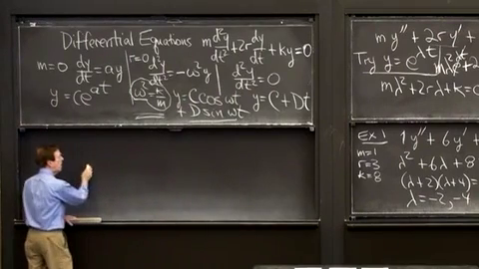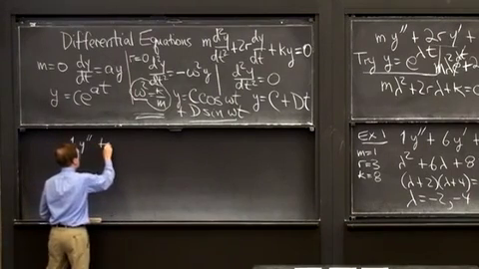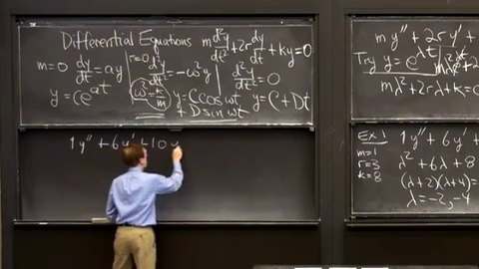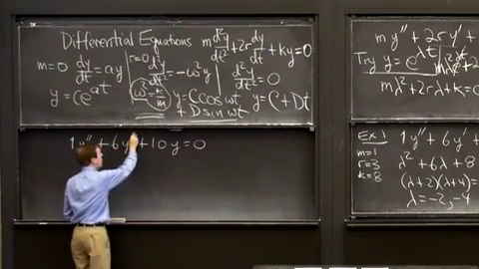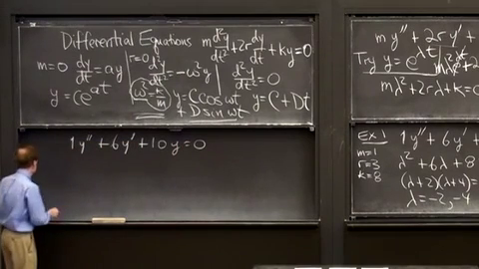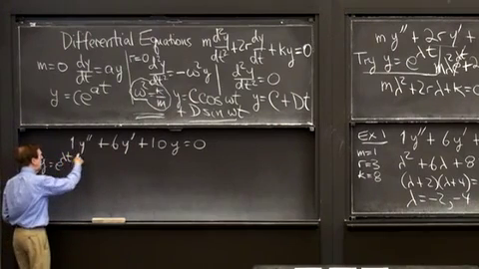So now my equation is 1 y double prime, 6 y prime still, and now 10 y equals 0, remembering prime means derivative. Again I try y equals e to the lambda t and plug it in.